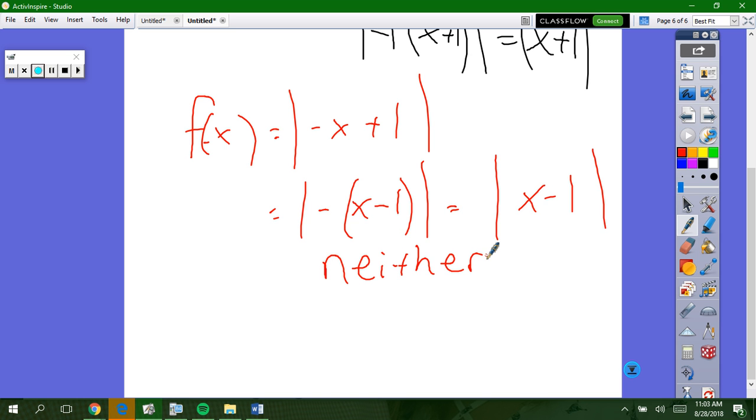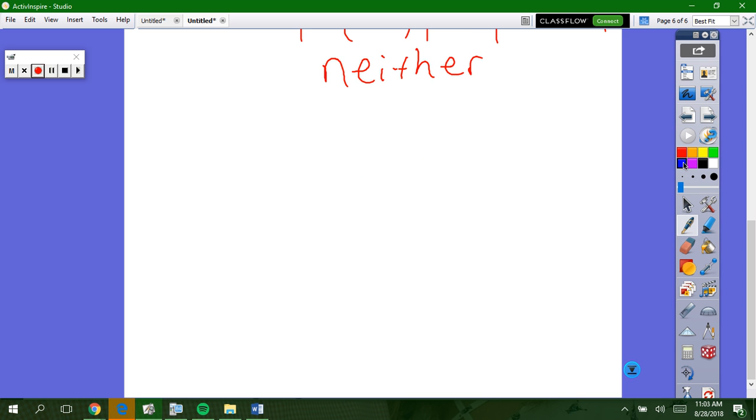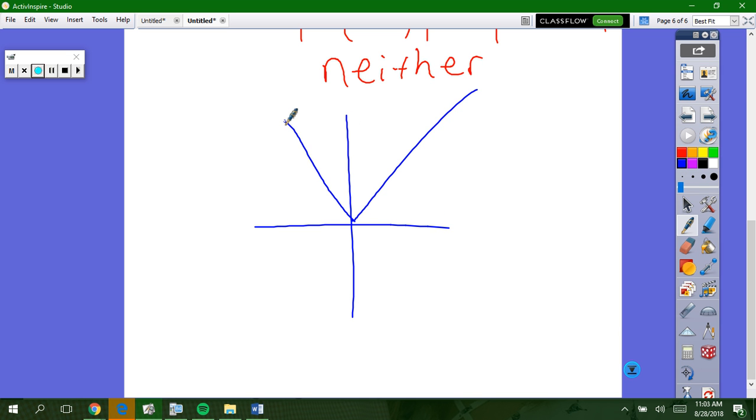Okay, I want to share something with you. Think about an absolute value really quick. Here's its graph. Notice some points on here are 0, 0, 1, 1, 2, 2, 3, 3, negative 1, 1, negative 2, 2, negative 3, 3. Correct? Are those all value points on an absolute value graph?